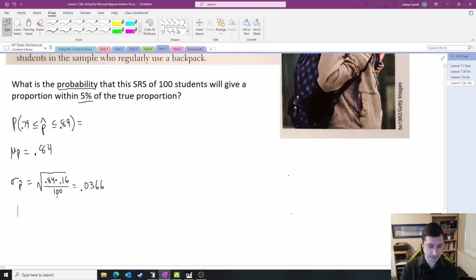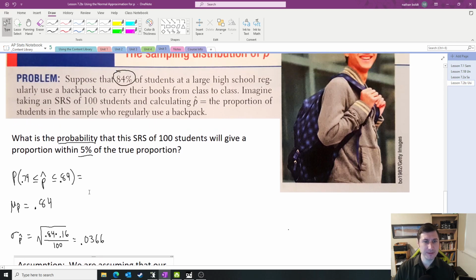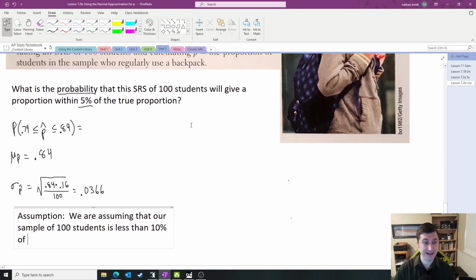We are assuming that our sample of 100 students is less than 10% of, now what was our population? 84% of students at a large high school. So we're actually only looking at one high school.